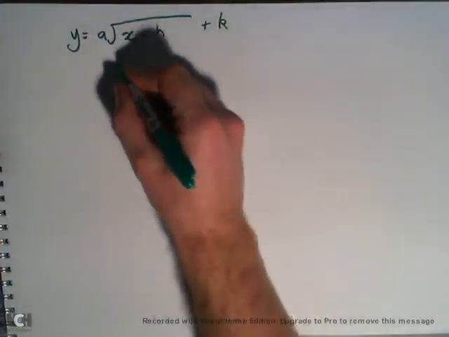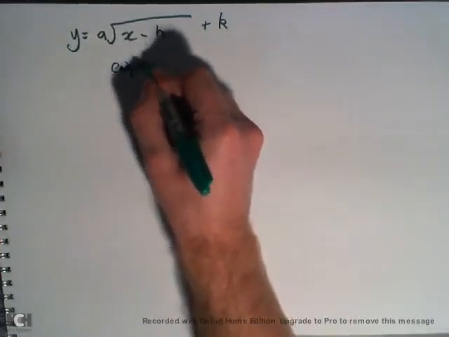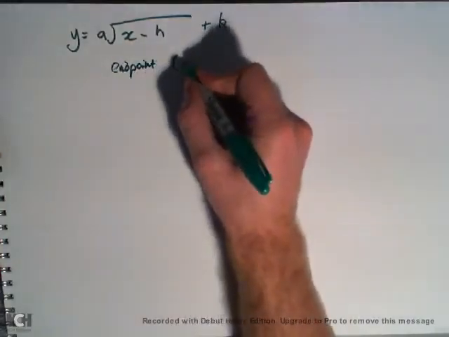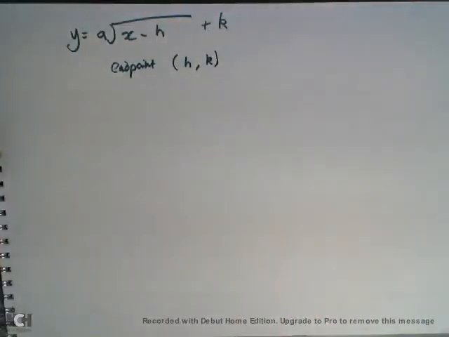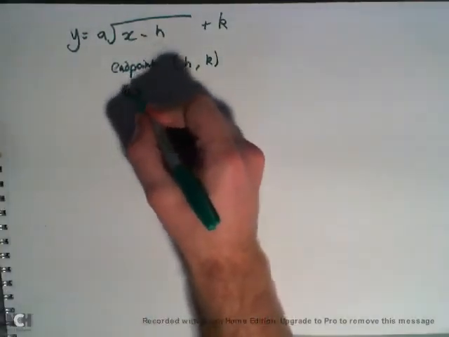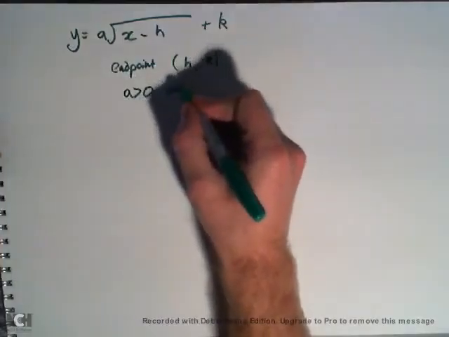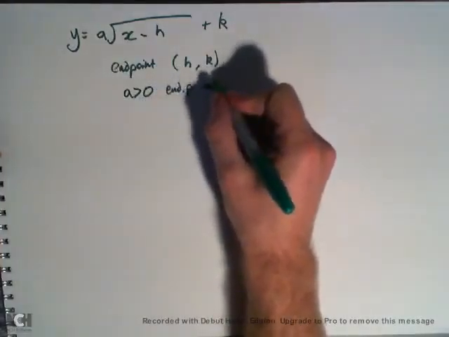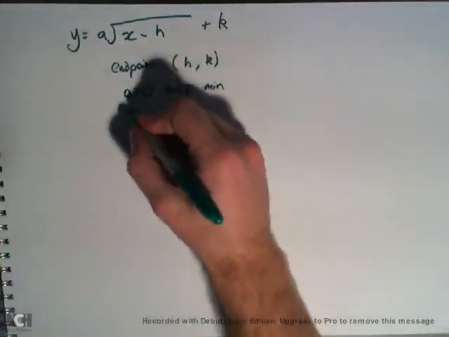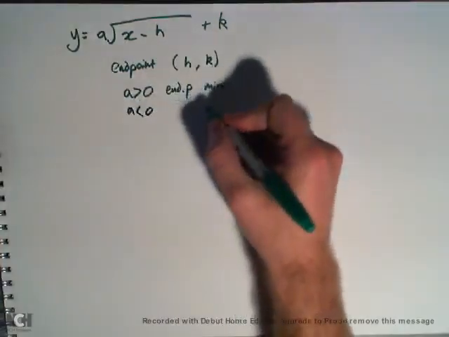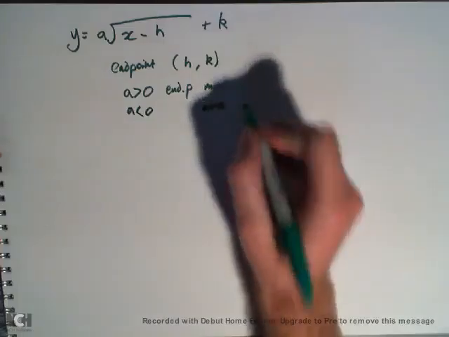So we've got an endpoint at h, k. Okay, it's not a turning point, it's an end point. If a is greater than 0, the end point is minimum. Okay, endpoint is minimum. If it's less than 0, it's going to be a maximum point.